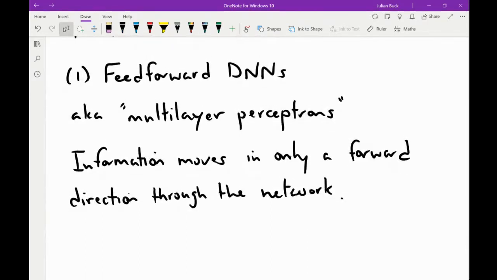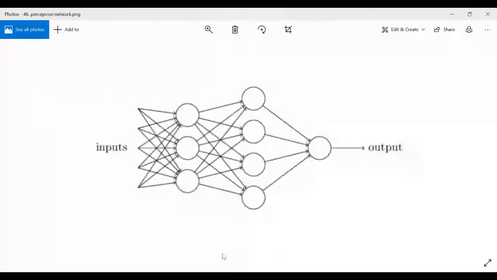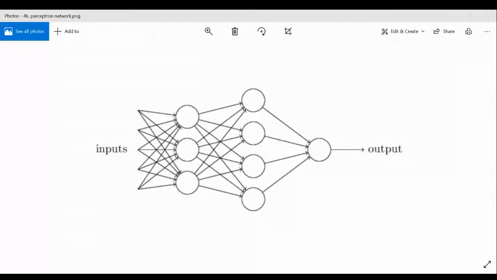And so this is essentially what we already looked at earlier, but let's take another look. So this is just a basic example of what we've talked about before, what a perceptron network roughly looks like. Something like this. So if we were doing a regression problem, this would be a basic feed-forward deep neural network, in other words, a multi-layer perceptron.